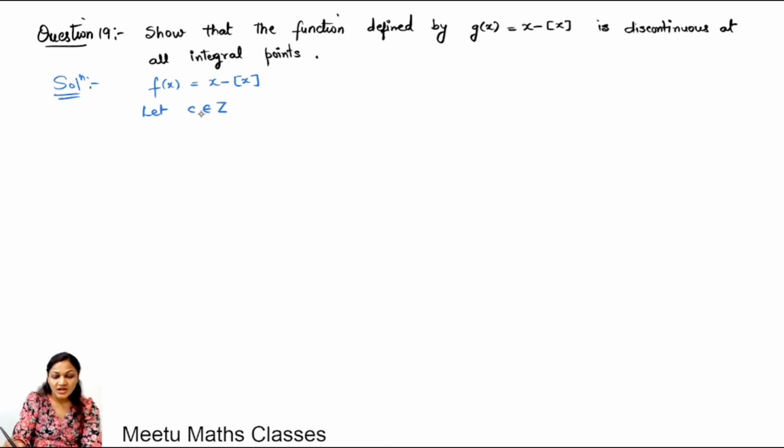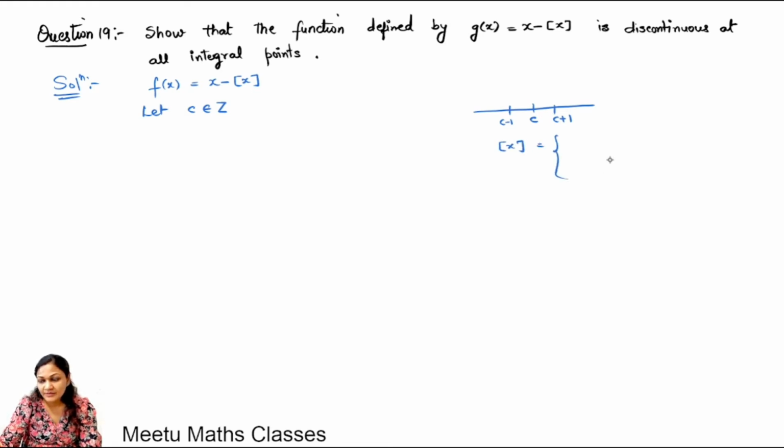Now if c is an integer, then there is a previous integer c minus 1 and next integer c plus 1, and we can define our greatest integer function: in between c minus 1 to c, your greatest integer function will be c minus 1, and from c to c plus 1, your greatest integer function will be c.